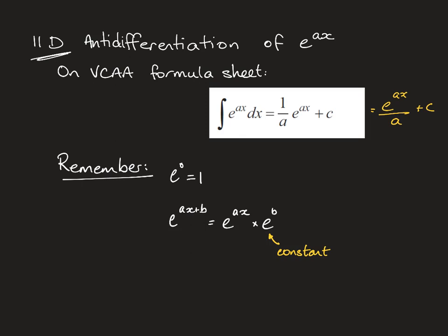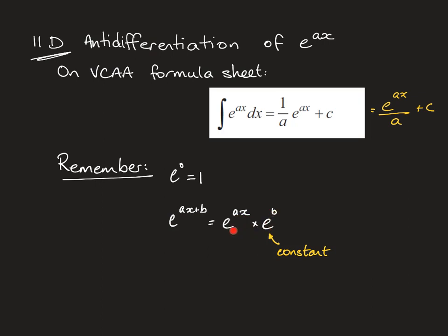Anyway, other things that you need to remember are your index laws, things like anything raised to the power of 0 is 1, that if you have something raised to the power and you have a sum at the top, then it can be split into e to the ax times e to the b.